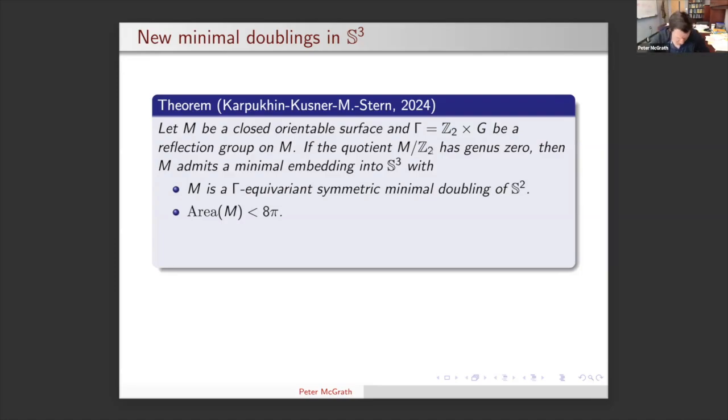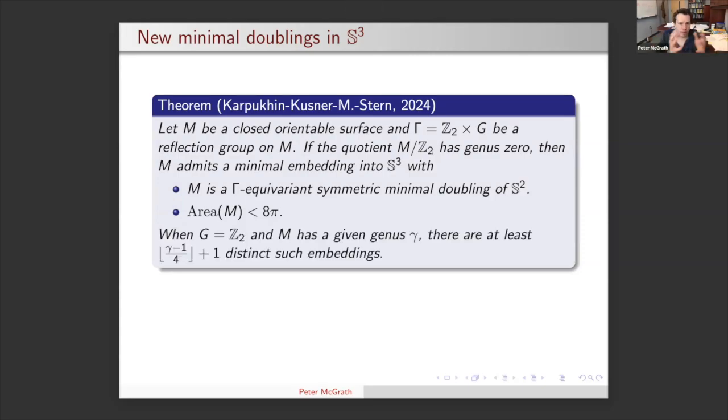One of these properties is that the area is strictly less than 8 pi, 8 pi being twice the area of the base 2-sphere that this doubles. So somehow having these doubling holes only decreases the area.